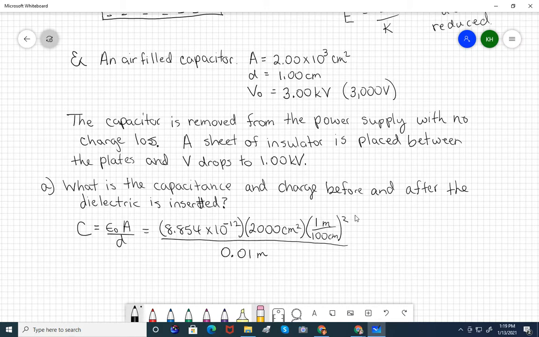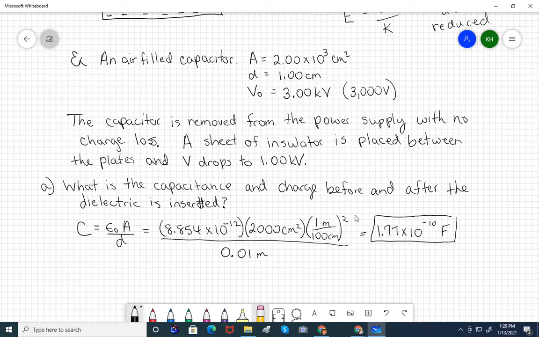So that came out to be 1.77 times 10 to the negative 10 farads. I'm just going to leave it like that. I could change that.